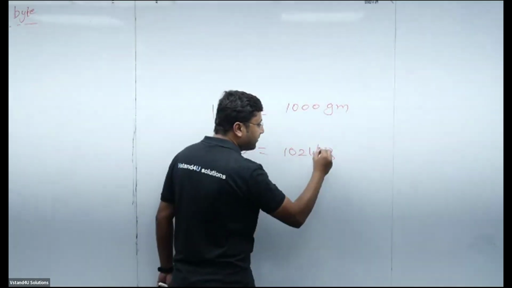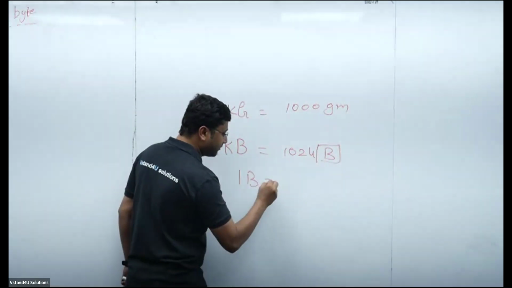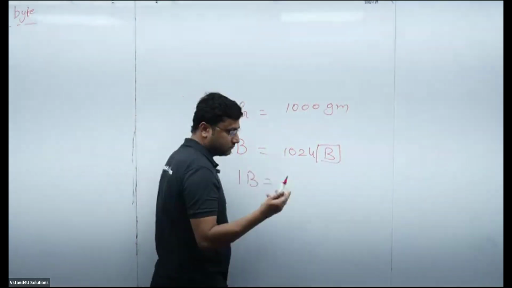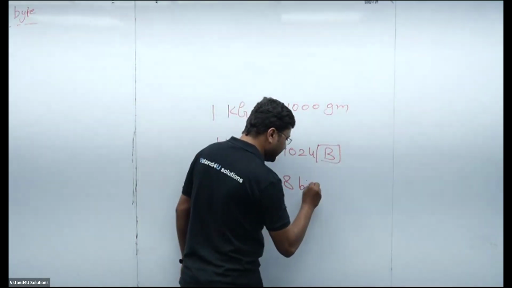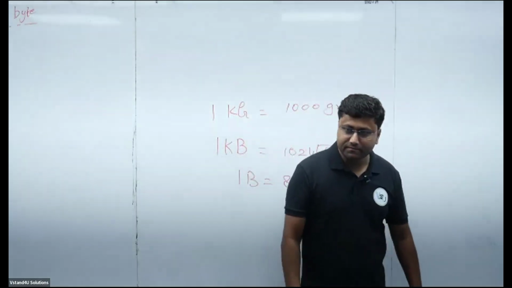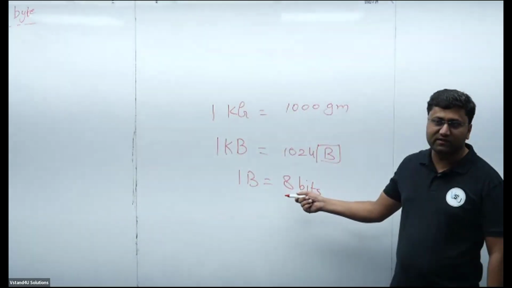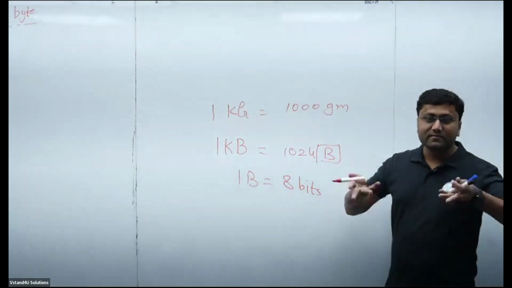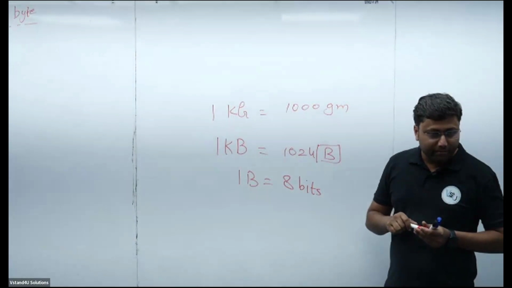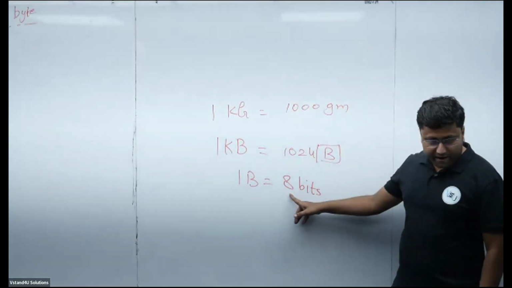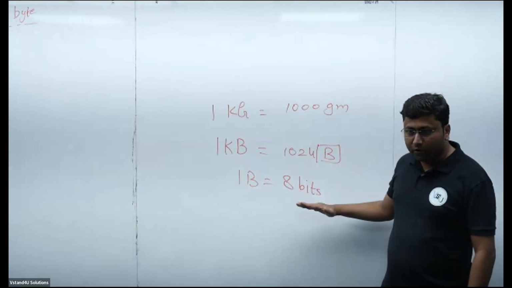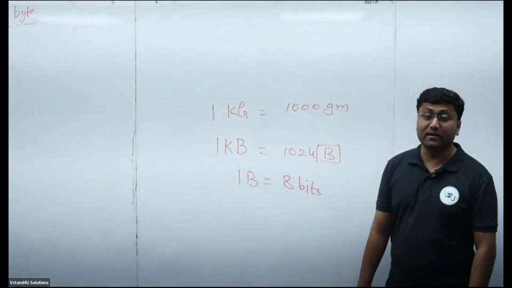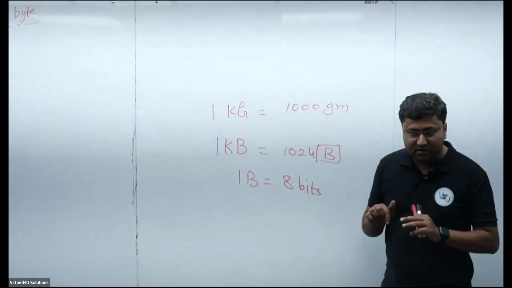I'm asking, 1 byte equals what? 8 bits. Seriously, you have done PCM? In engineering, I guess these things were explained in the first year itself in our time. 4 bits, half a byte, what is that called? Nibble.